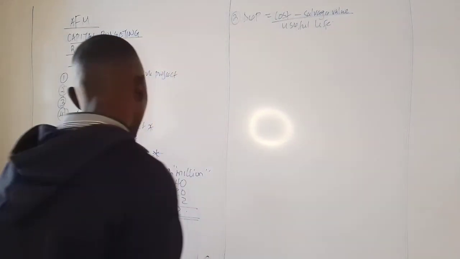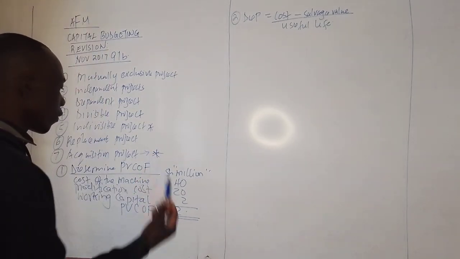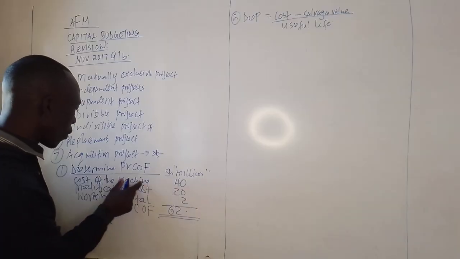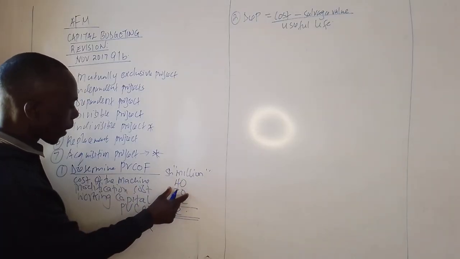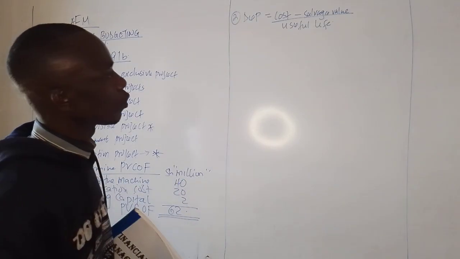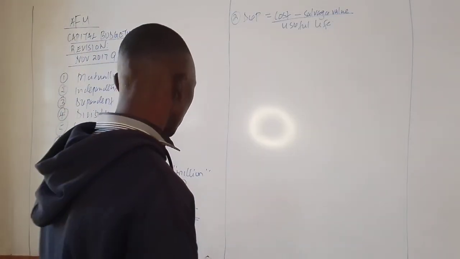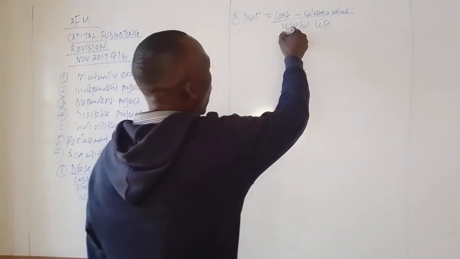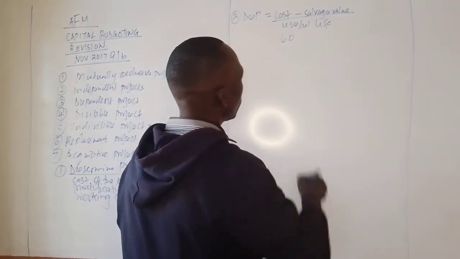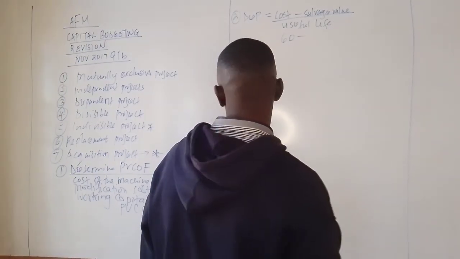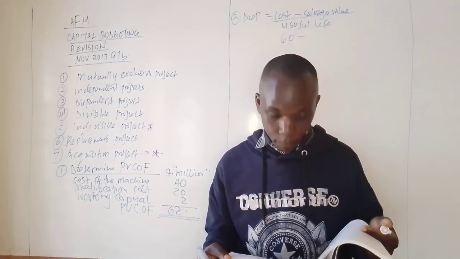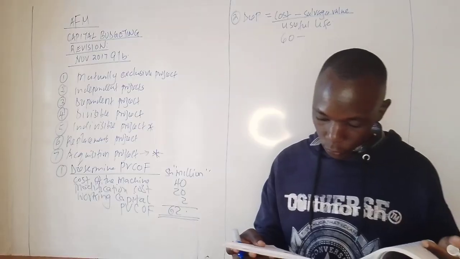And in this case, we have said that the cost of this machine will include the cost of the machine itself plus that cost that you incurred to modify this machine so that it can serve the purpose. So this plus this, our cost now will be 60. Then you subtract the salvage value. The salvage value, how much are we given? So this is what we are told.